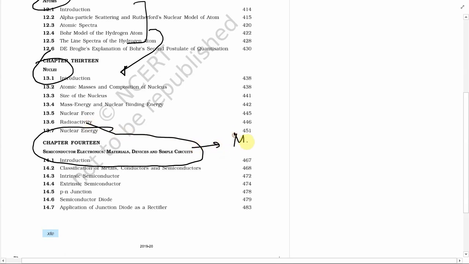So you can call it modern physics also. In this, we will be studying semiconducting materials and a few of their applications.